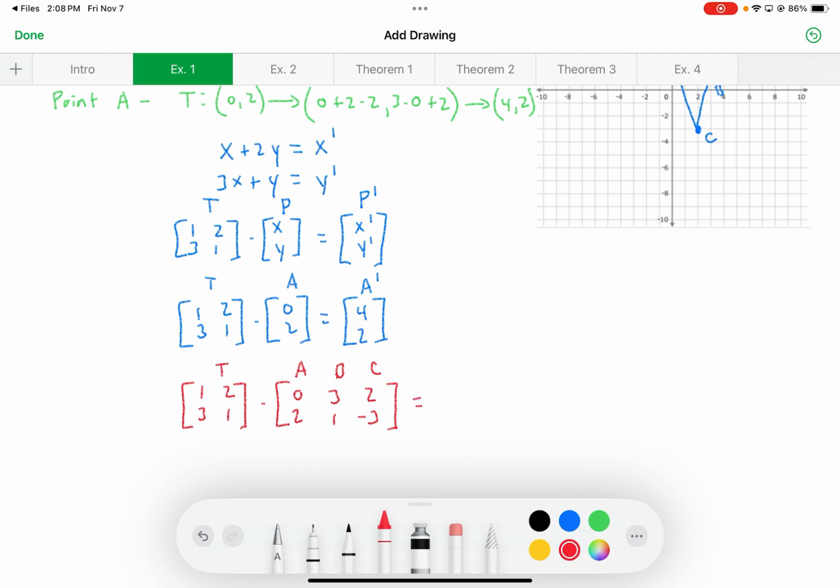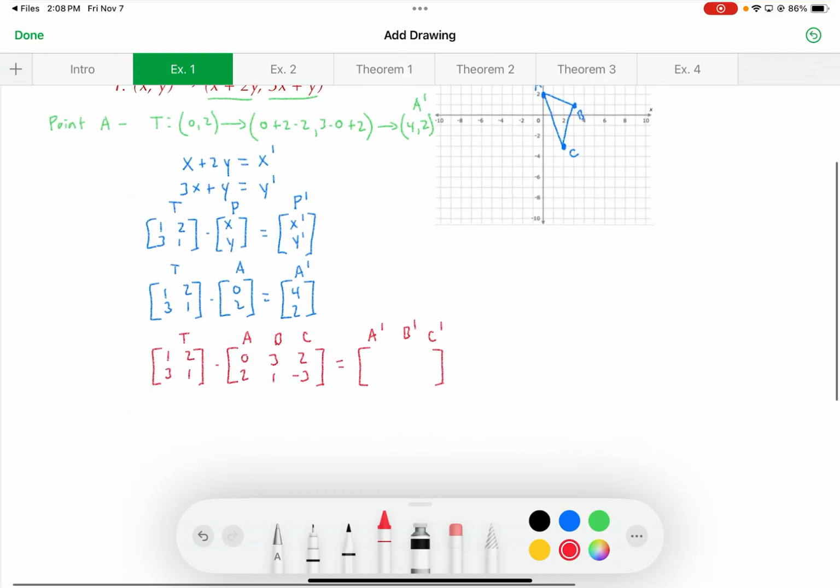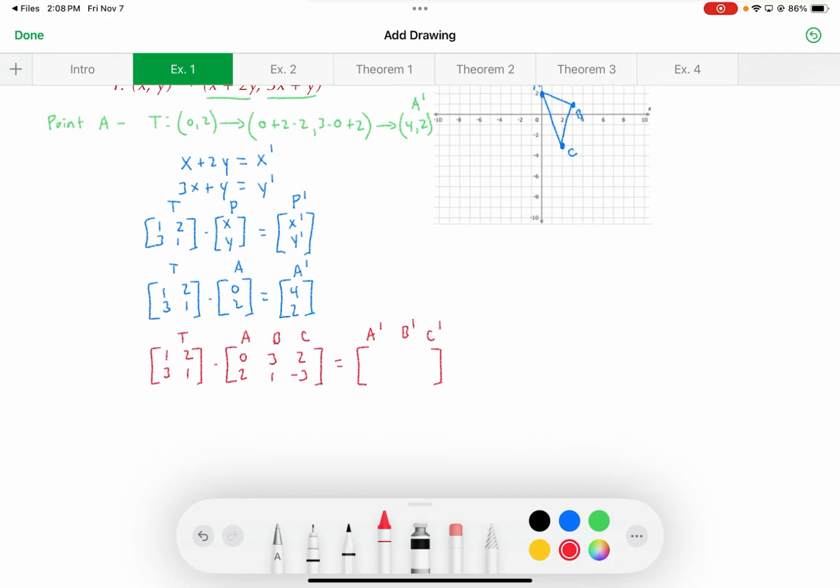And now when I multiply those together, a 2 by 2 with a 2 by 3, it'll create a 2 by 3. And the columns will represent A prime, B prime, and C prime. So we already know the first column, it should give us 4, 2.